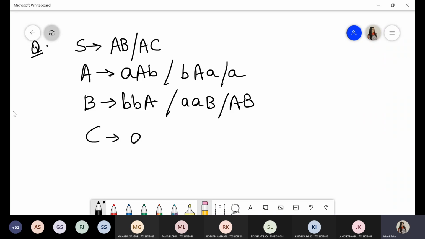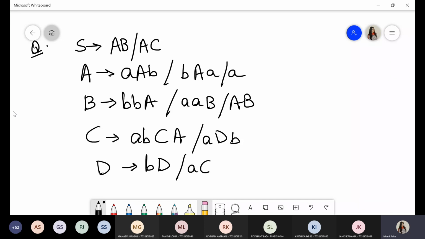C generates ABCA, ADB, and D generates BDAC. Your terminals are a and b and your non-terminals are S, A, B, C, D.